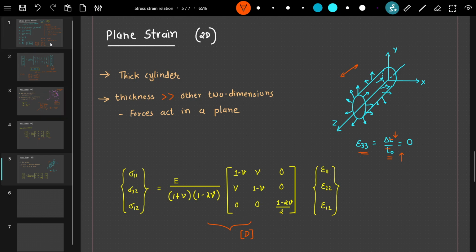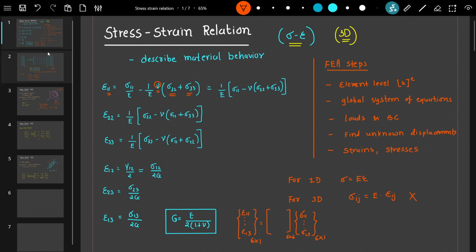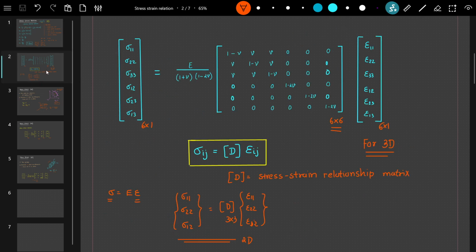Now you understand that the D matrix, I will repeat this again in our FEA concepts in future chapters. The D matrix is a stress strain relationship matrix, and it depends only on the dimensionality of the problem. If it is a 1D case, it is simply E. If it is a 2D case, it is 3 by 3, and if it is a 3D case, it is 6 by 6.